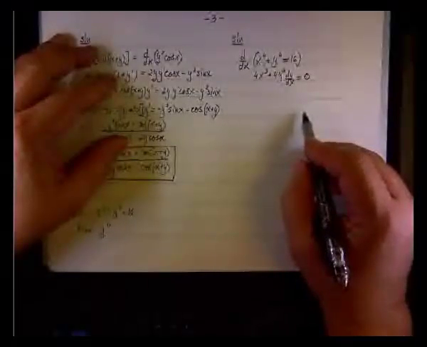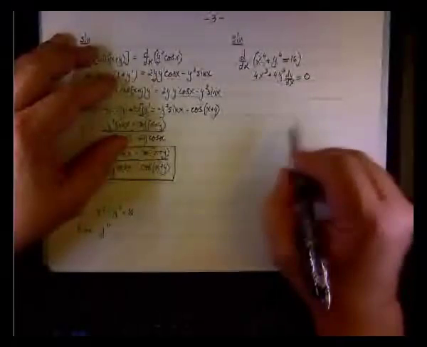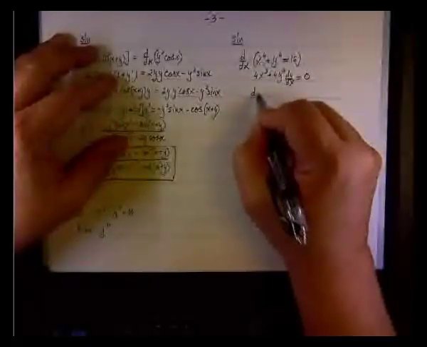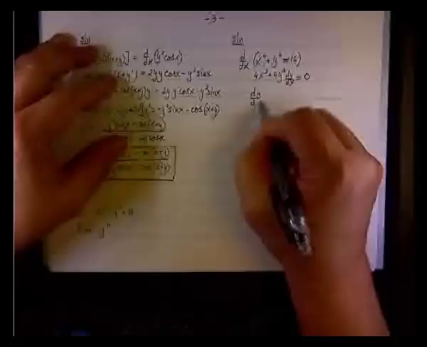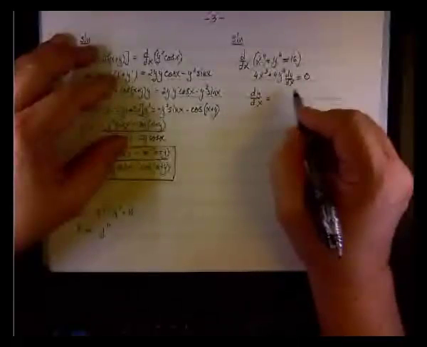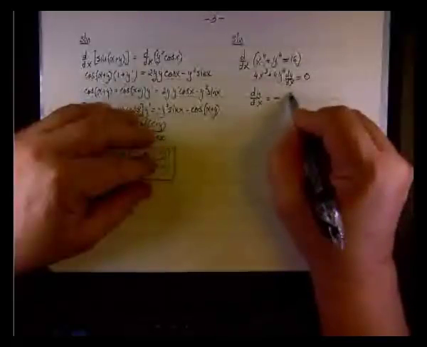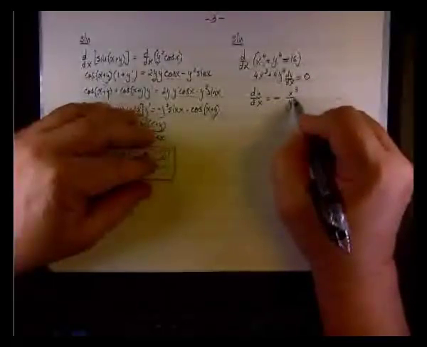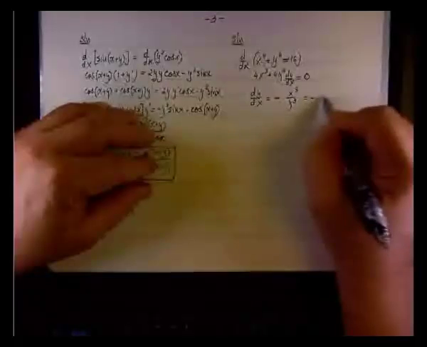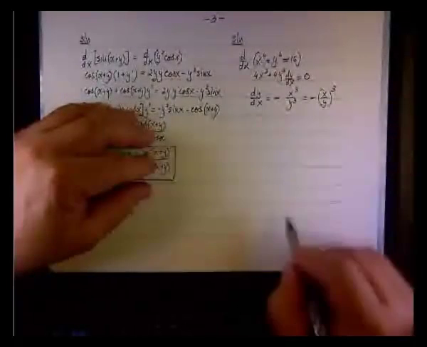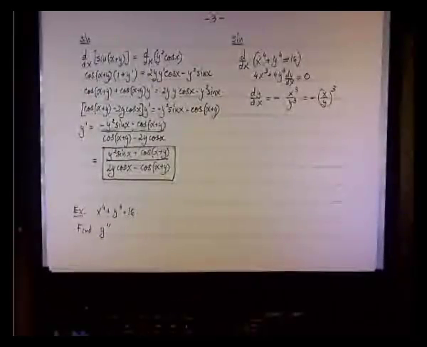Now we can divide everything by 4 and move to the other side, and you end up having dy dx equals negative x cubed divided by y cubed. This is the first derivative.